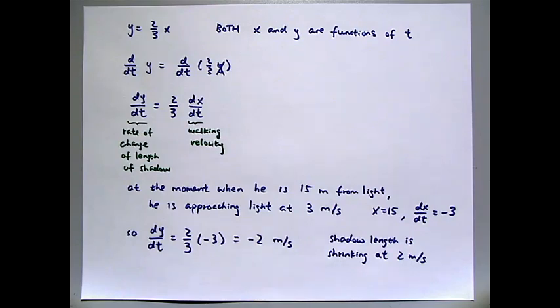The rate depends on the ratio between your height and how high the light is from the ground. And in this case, it's 2/3. There's the ratio between those two. But as you walk toward the light, the shadow behind you will also get smaller and shorter. If you walk away from the light, the opposite happens. The shadow in front of you will get longer and longer the farther you're away from the light.